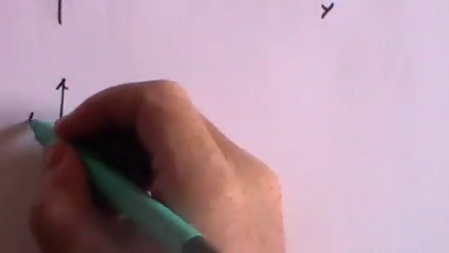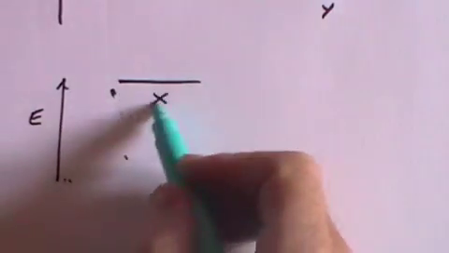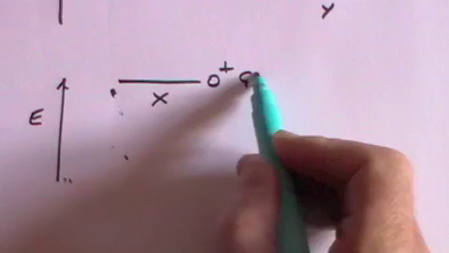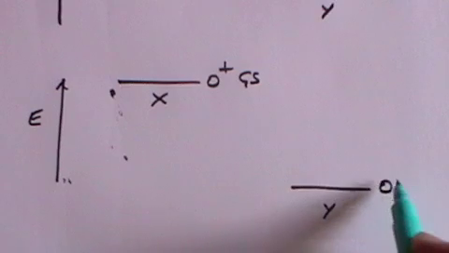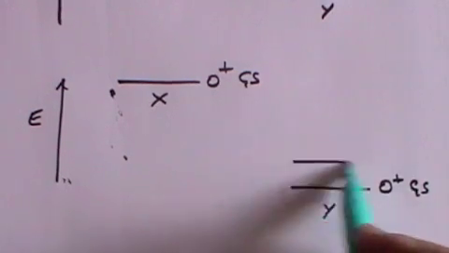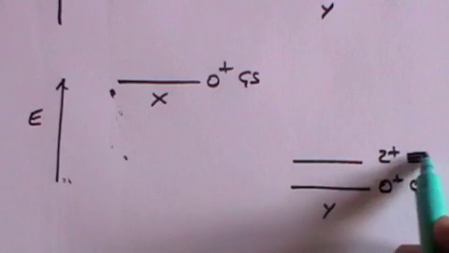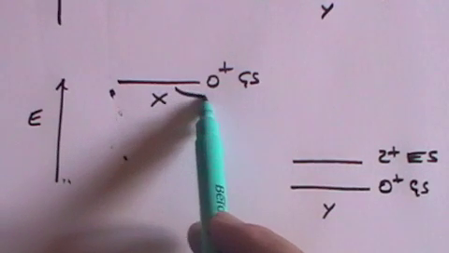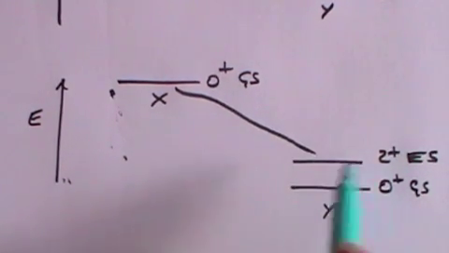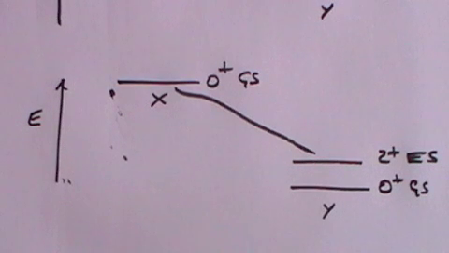But of course, that isn't the only route. Once again, we're looking at energy increasing, and we'll start with X in the ground state 0+, and here is Y. This is the 0+ ground state, but let's suppose it had a 2+ excited state. Then, in theory, at any rate, the X nucleus could decay to an excited state of the Y nucleus.